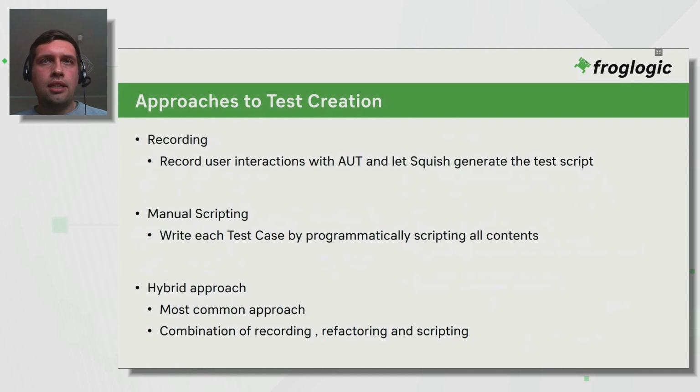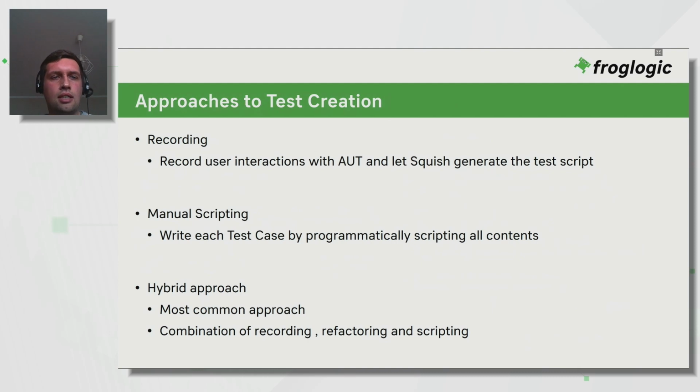Before that, let's discuss first how we can create test cases with Squish. And there are many ways. The first one, and many tools offer that, is that you can just record your interaction with the application, and then Squish will generate your test script that you can later on run.